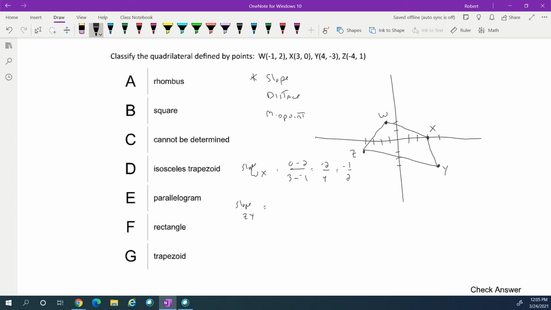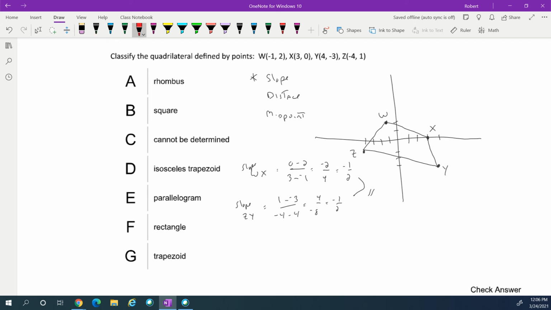If the opposite sides are not parallel, then the answer is cannot be determined. It's not any of those shapes. So again, we have y2 minus y1 over x2 minus x1. It looks like we have 4 over -8, which is -1/2. So these are parallel.